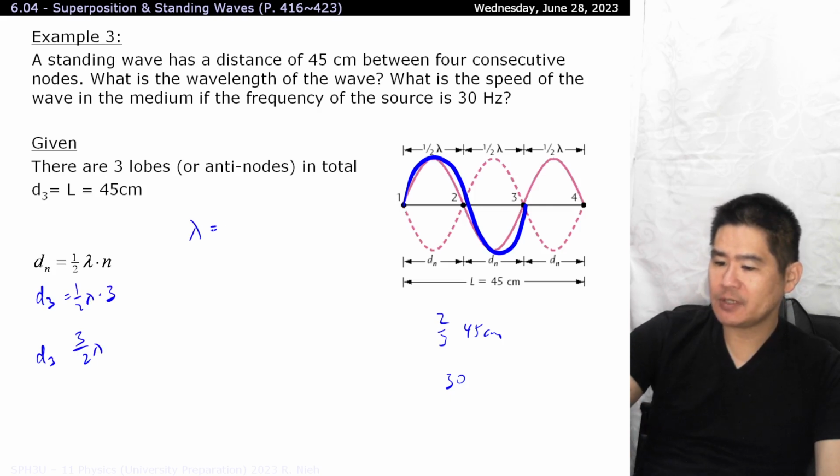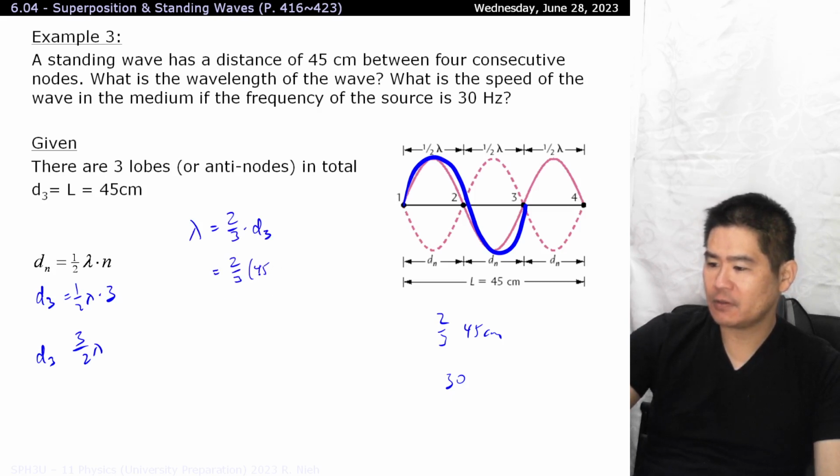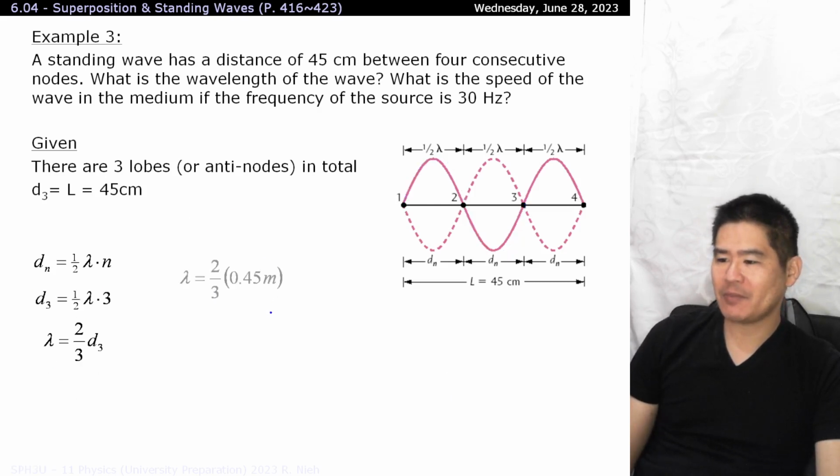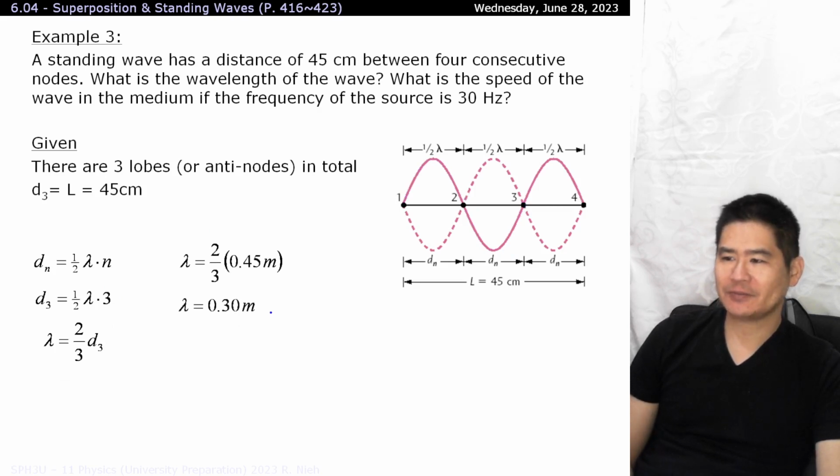When you isolate for lambda, lambda is equal to 2/3 times your distance between 3 antinodes. So 2/3 of 45, or sorry, let's convert to meters. 0.45 meters will give you 0.30 meters for your wavelength. There you go, the mathematical way towards getting to that answer.